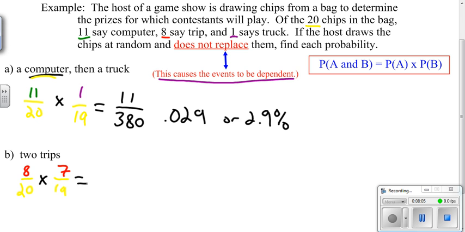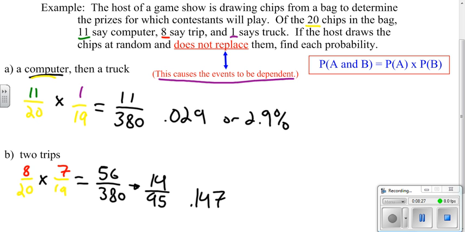So in this case, we would have 56 over 380, which we can actually reduce down to 14 out of 95. Or if we wanted to say that as a decimal, we could say 0.147 or 14.7%.